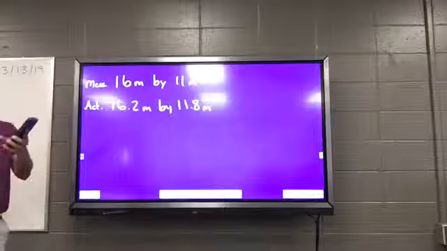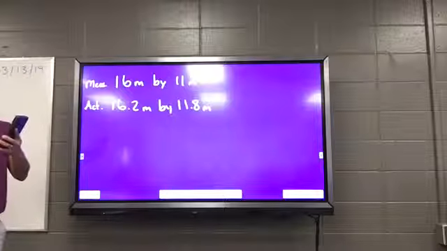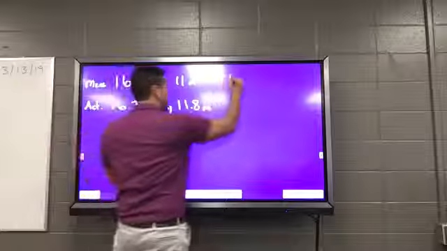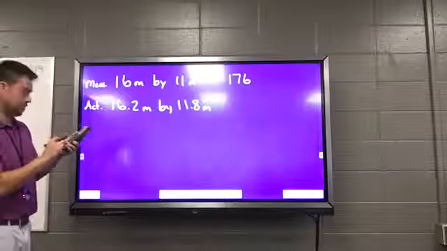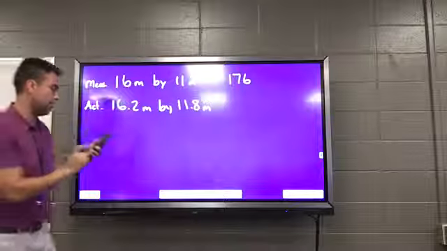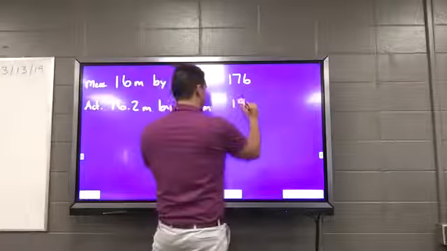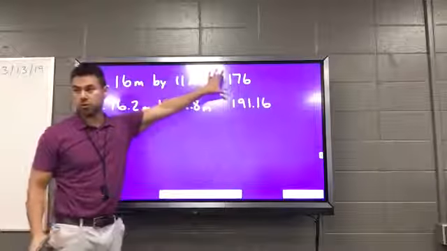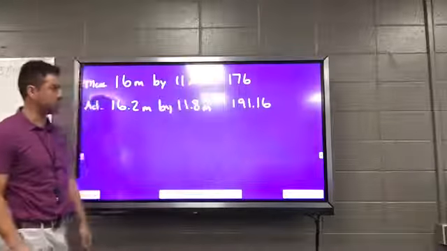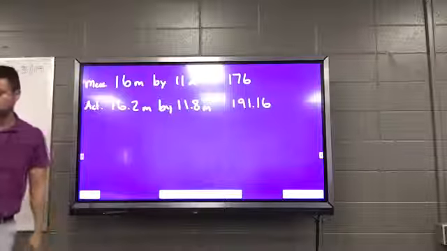I have to first multiply them together. So really I only have one number, 176, and then the other one is 191.16. Those are the numbers I'm trying to work with. So now put it into your formula. Don't do it with these individually.